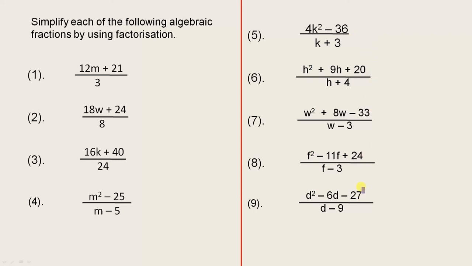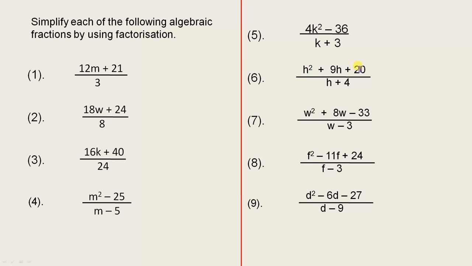Now the last 4, which are these here, they are very simple and straightforward because up the top here, in each example you have a trinomial. Now we've had examples of how to factorise trinomials.